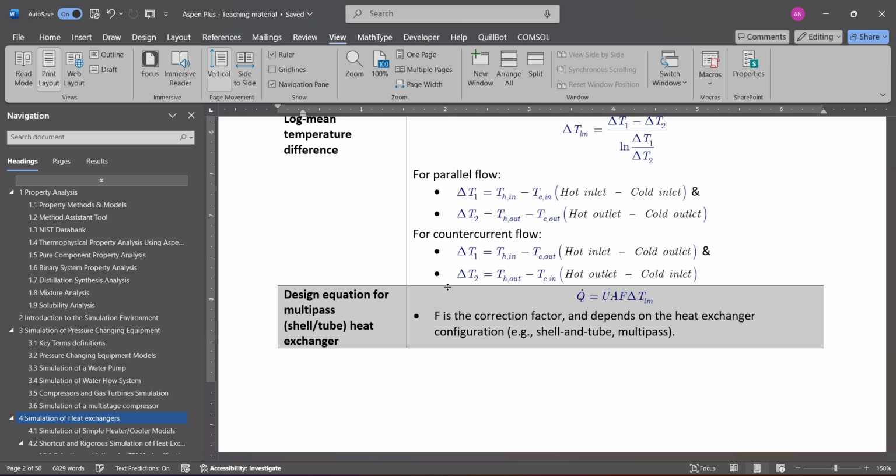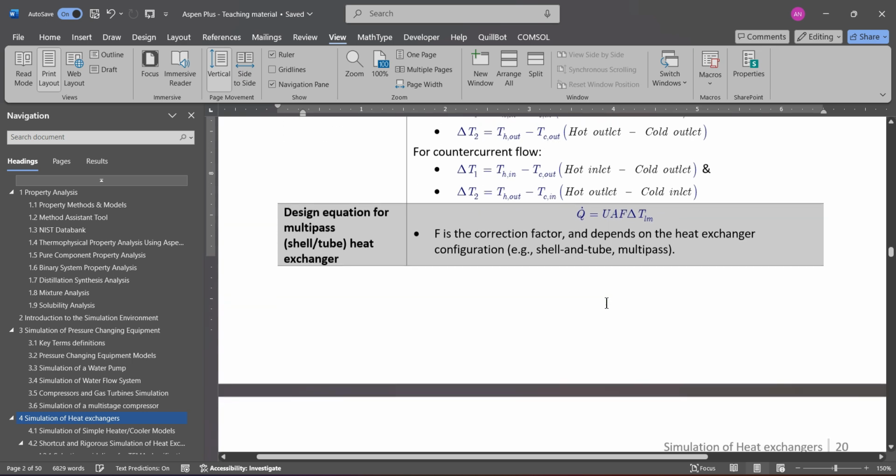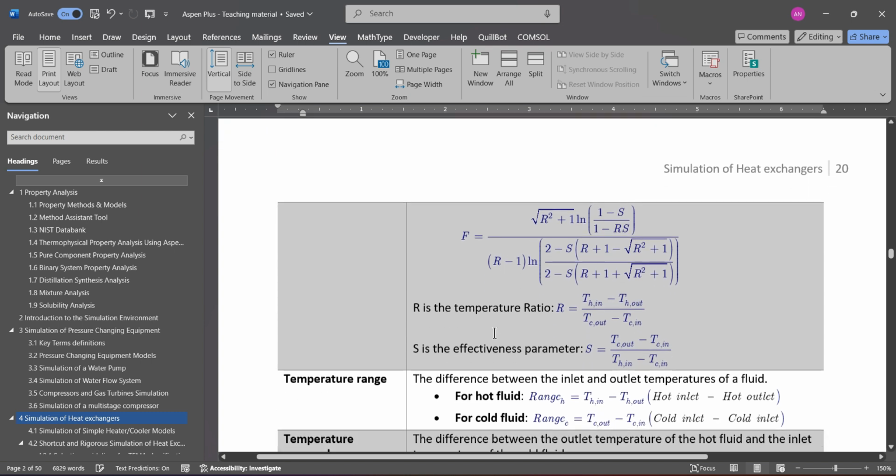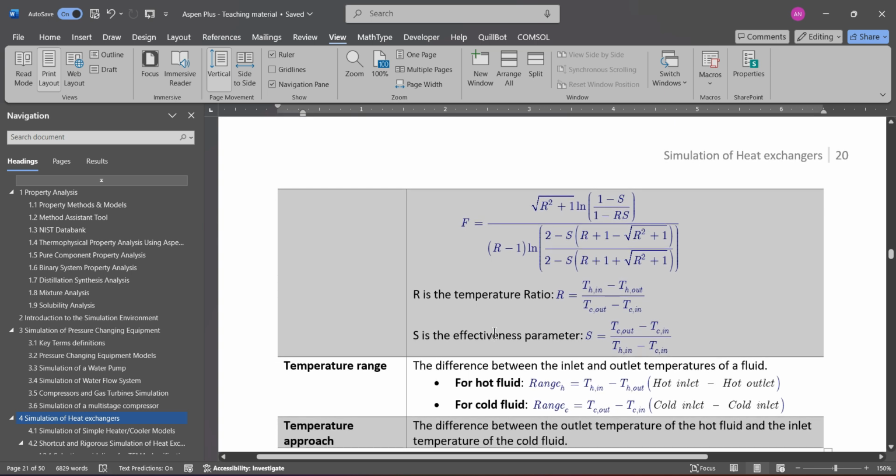So for that case, we have to accommodate a correction factor for the log mean temperature difference as well. And that correction factor can be calculated by some empirical relations, including the temperature ratio and the effectiveness parameter. Normally you can find this correction factor in several textbooks as well, in the graphical form for different passes in the shell and the tube.